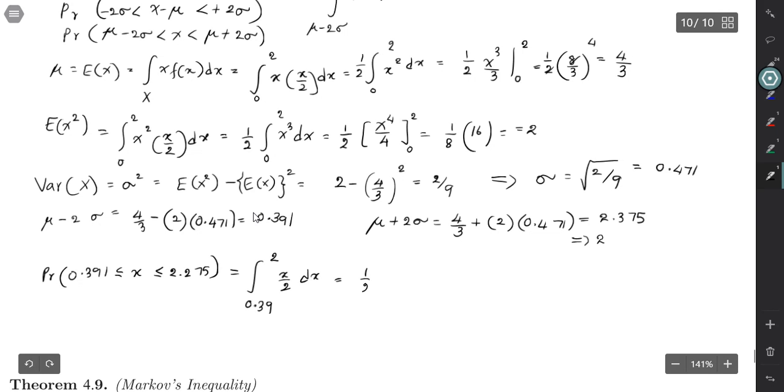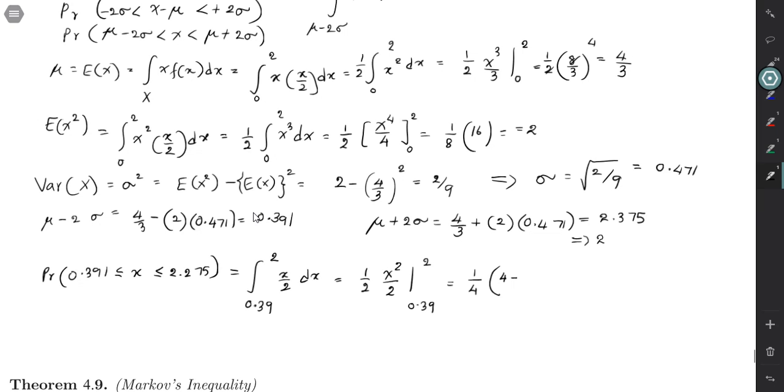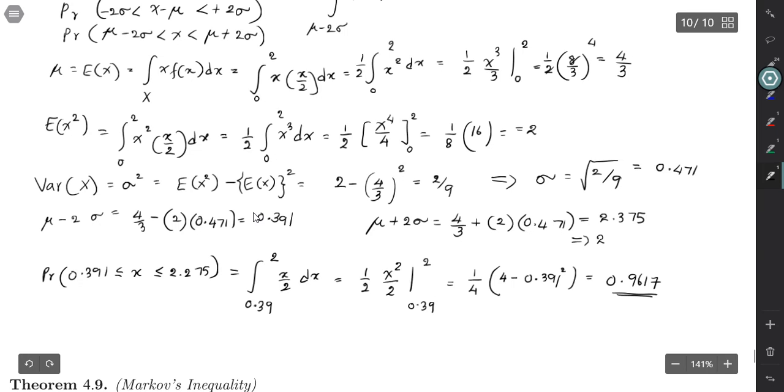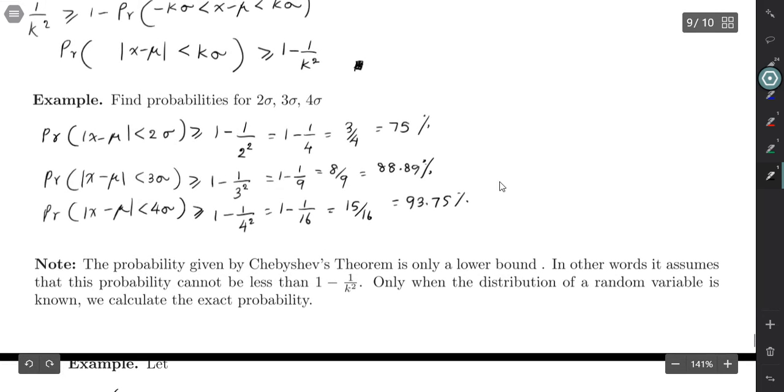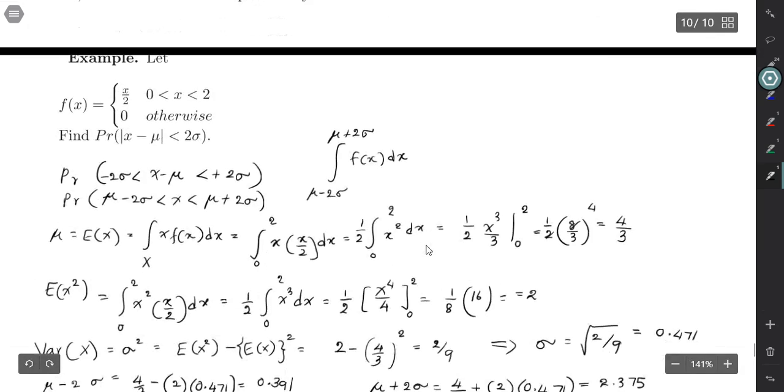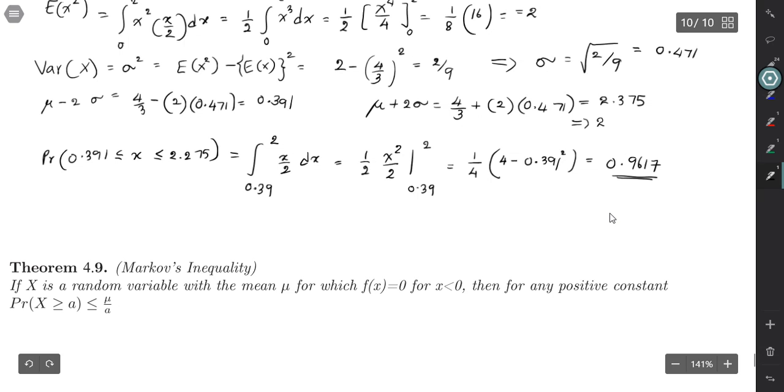So that will be x squared over 4, evaluated from 0.391 up to 2. If you do this simplification, you'll get 0.9617. So this is the exact probability, and from the inequality we know that it should be greater than 75%, and yes, we have an answer which is greater than 75%.